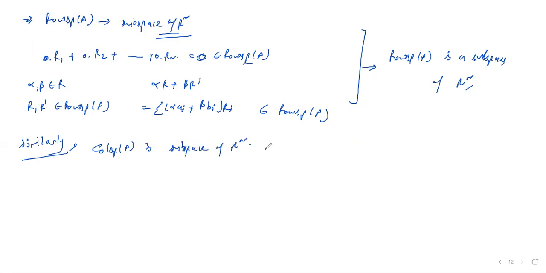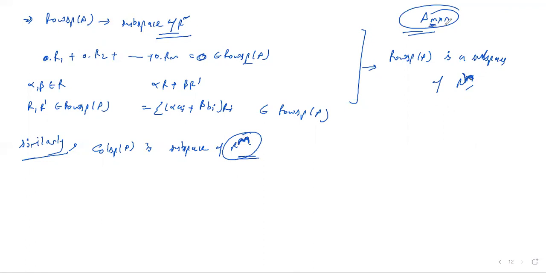One point to note here is which power I am taking. I have a matrix A of size m cross n. Then the row space of A is a subspace of R to the power n, and the column space of A is a subspace of R to the power m.